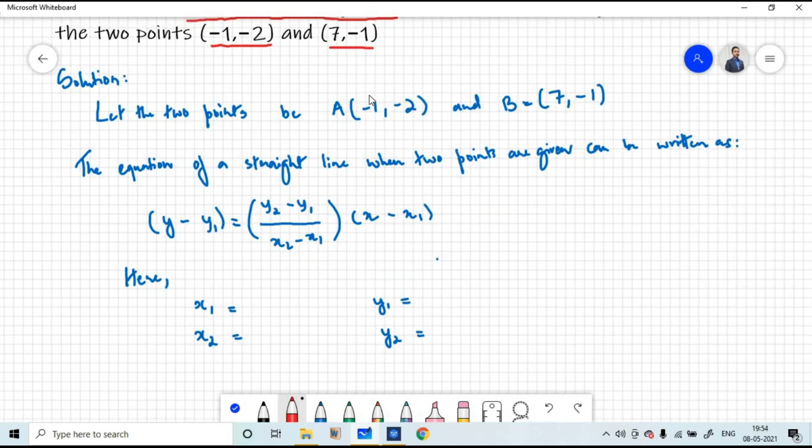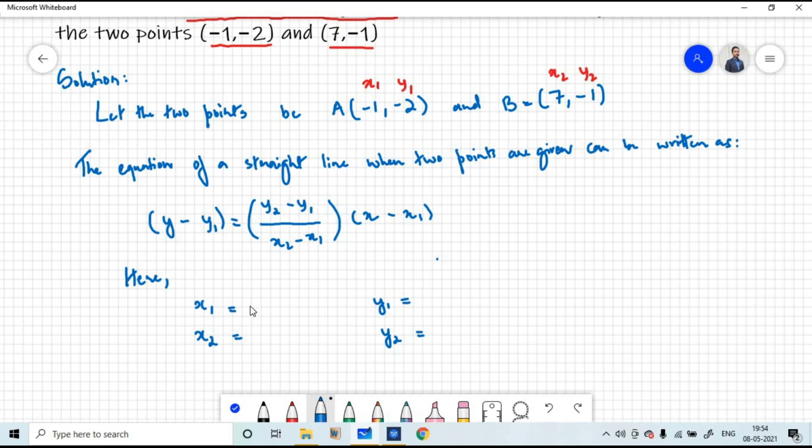Now in the given 2 points, this is x1, this is y1, that is the x and y coordinate of the first point. This is x2 and this is y2, that is the x and y coordinate of the second point.